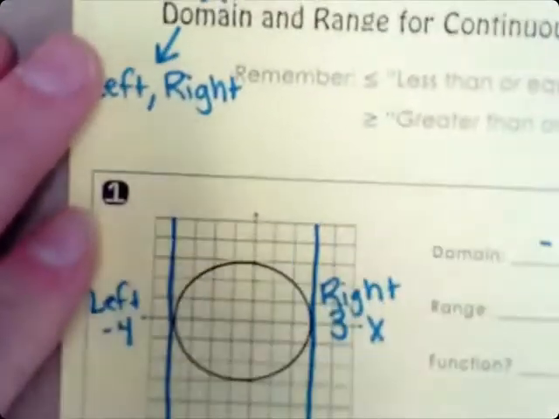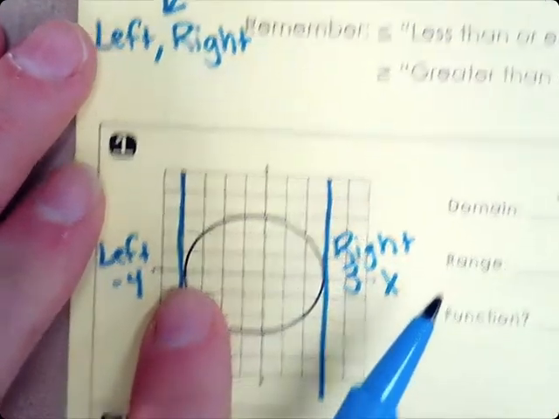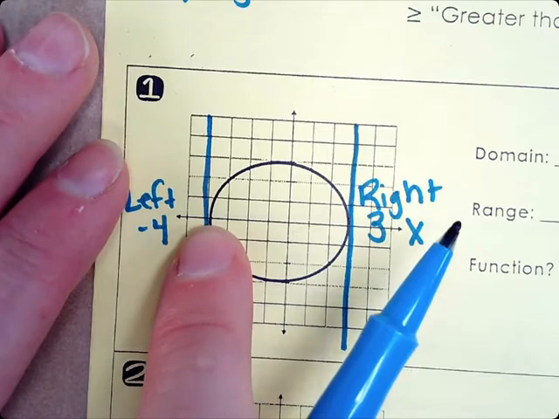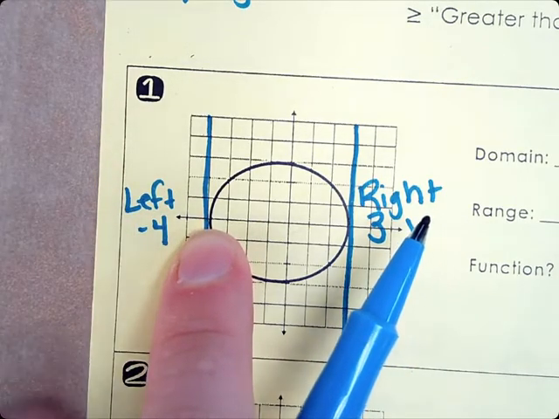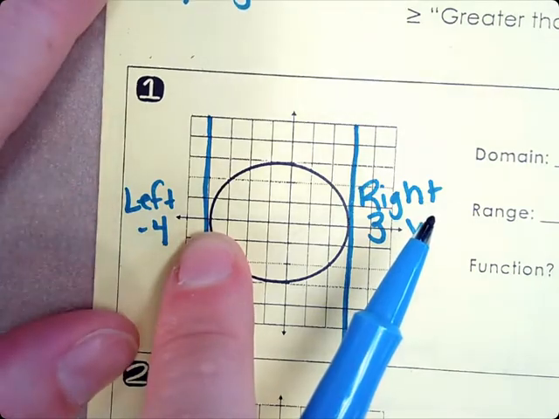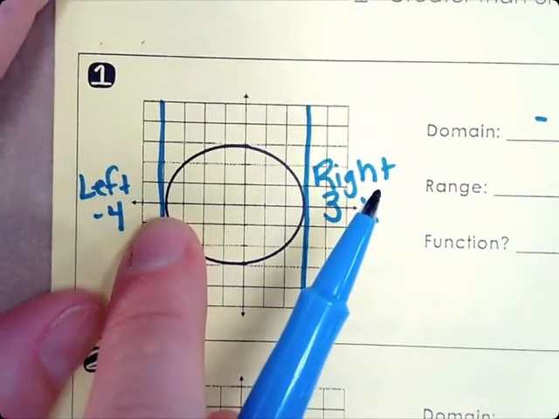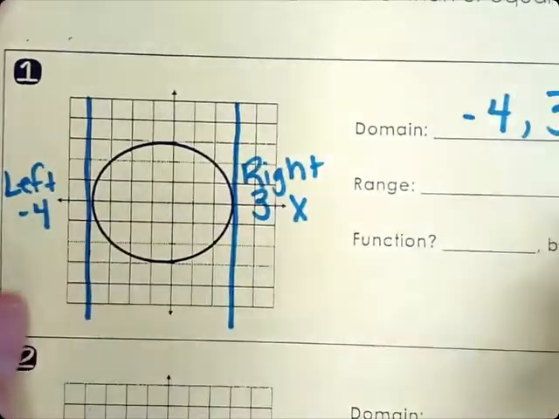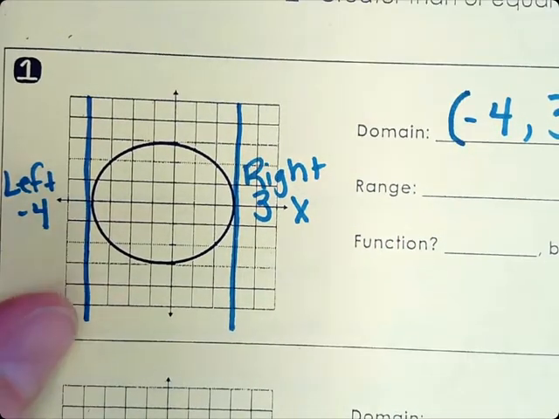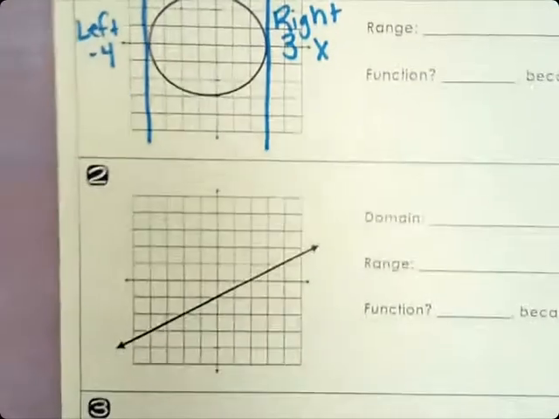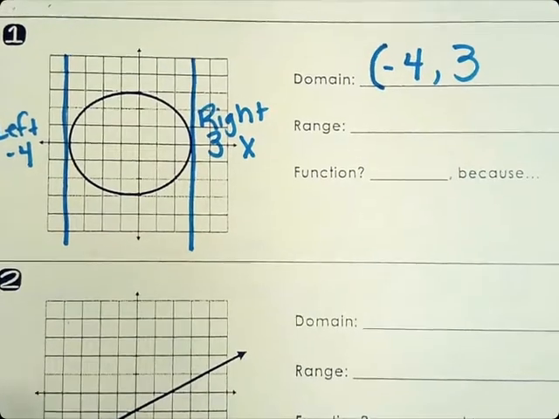So whenever I look at this, it gets really, really close to -4, but doesn't actually touch it. So this is similar to what we were doing with solving inequalities. If it gets really, really close, we would use a parenthesis. But if it actually touches it, we use a bracket. So we can have a mixed match of parentheses and brackets if we need to.